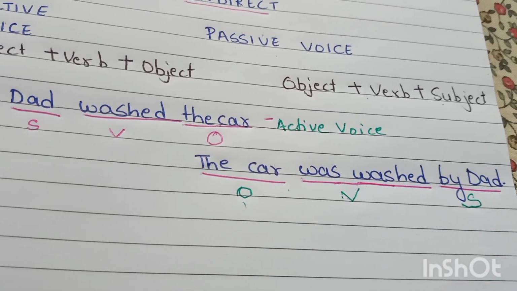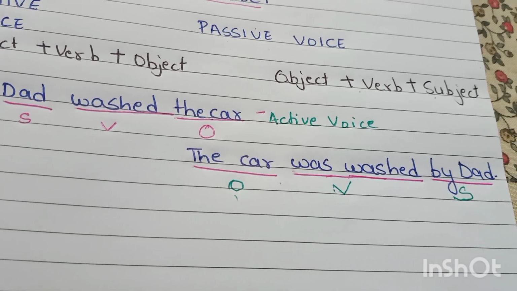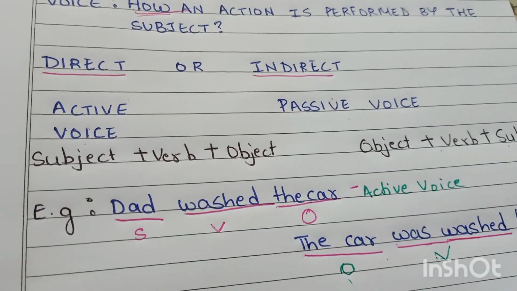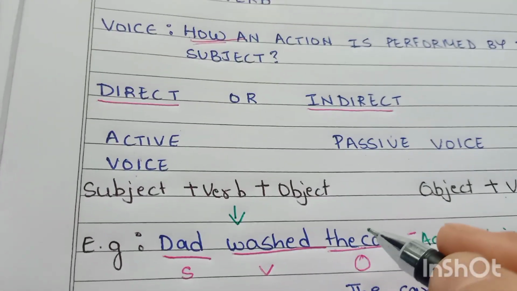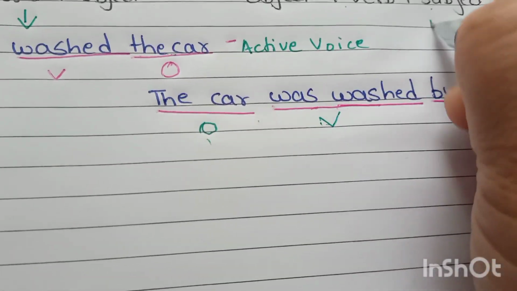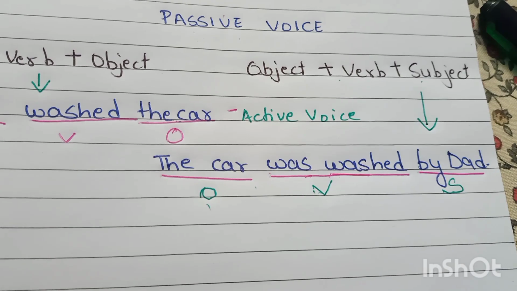Okay, so this is how our passive voice looks like. Okay, so the first example I'm repeating again here. Dad washed the car is an example of active voice, while the car was washed by Dad is an example of passive voice.